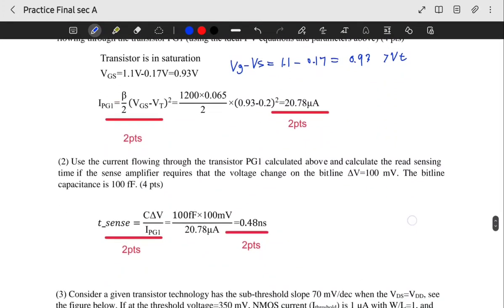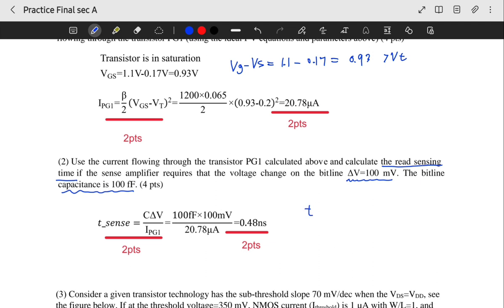The second question is asking about the read sensing time, and the delta V voltage change on the bitline, and capacitance is already given.